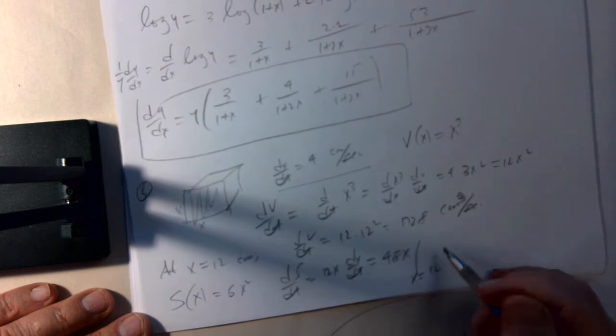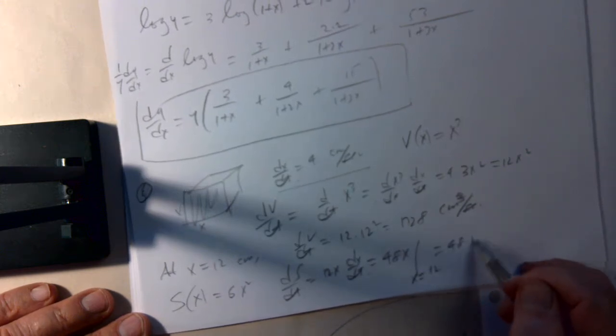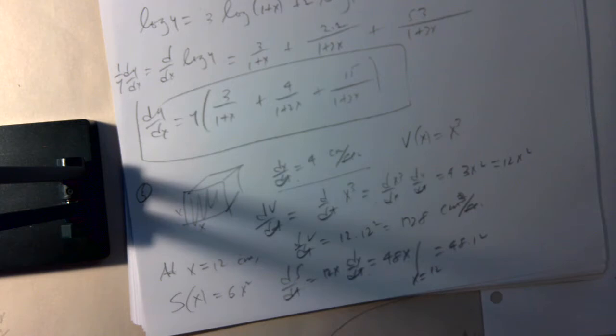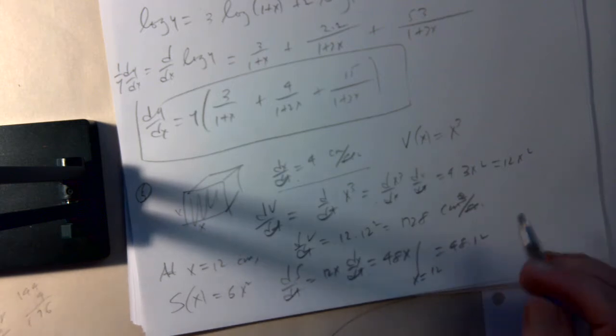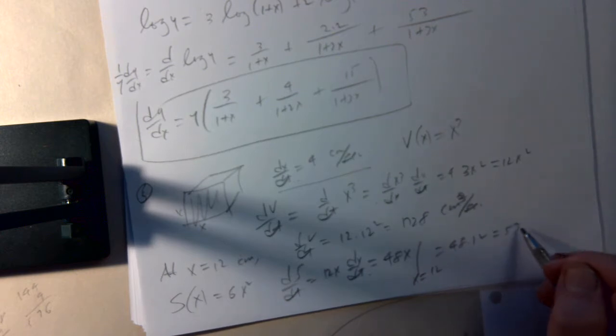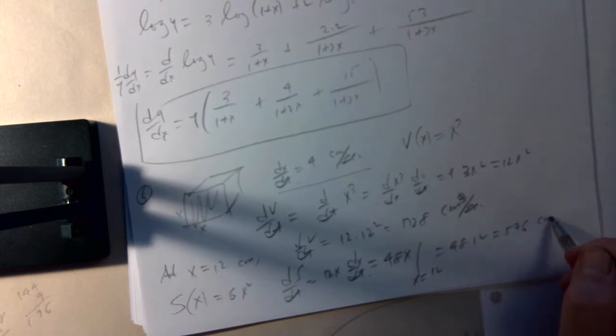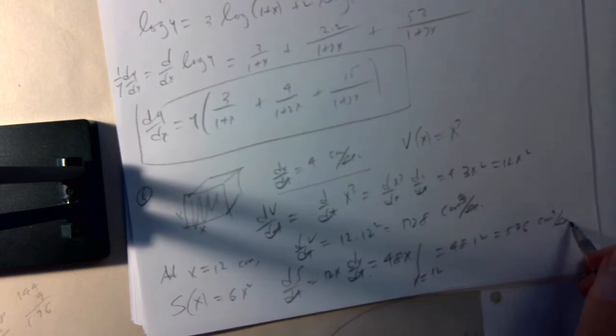And when x is equal to 12, you get 48 times 12, which is 576 square centimeters per second.